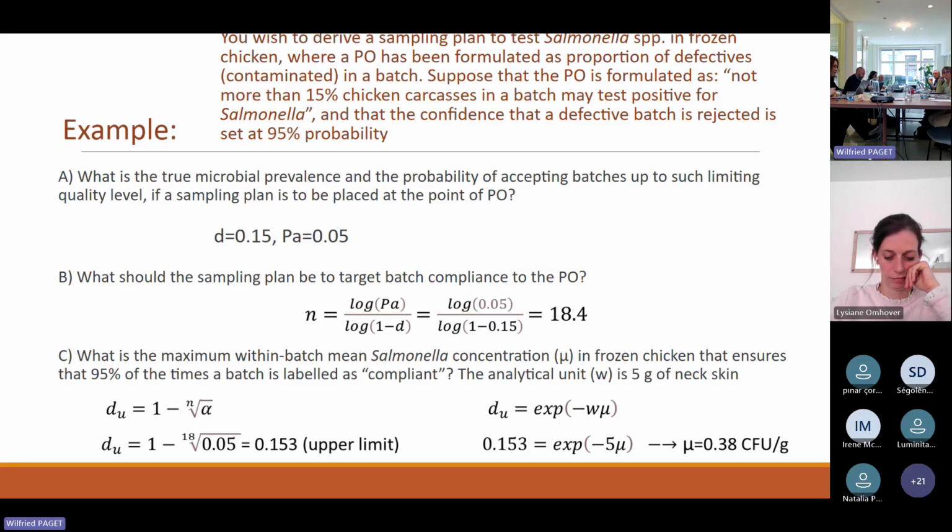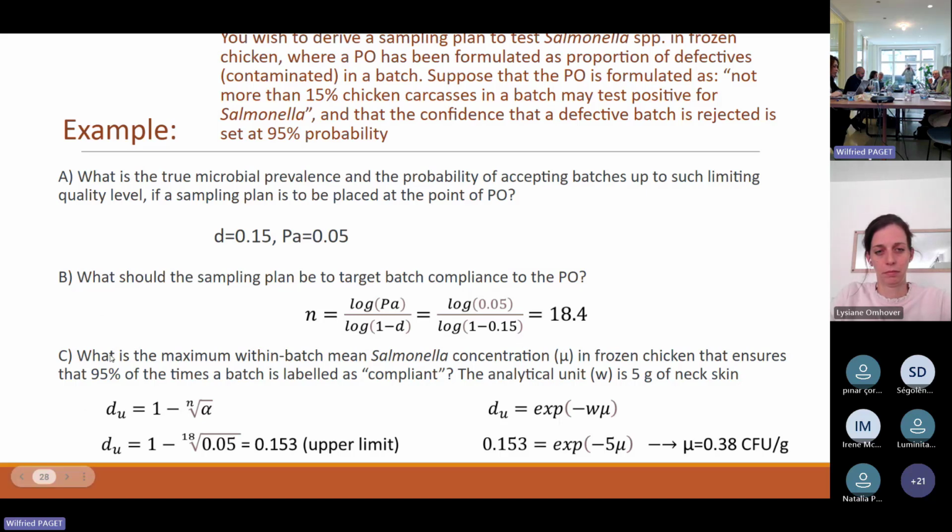Your probability of acceptance is 5%, 0.05. Okay, so this is the data you have from the problem, and you replace in the equation, and then you can determine the sample size. It means that you should take at least 18 from a batch. You should analyze 18 carcasses at least, or neck skins.